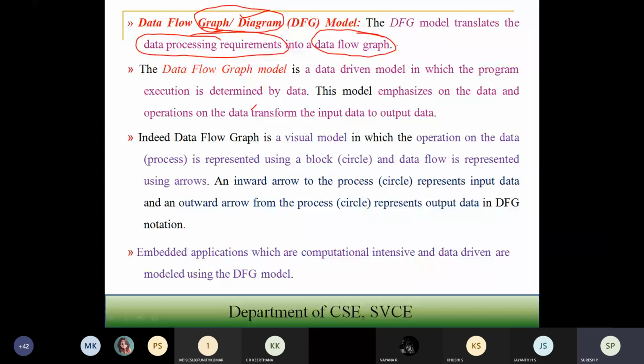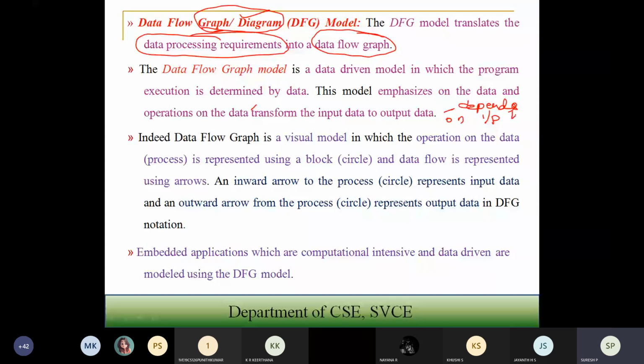This model mainly depends upon the operation and the data transfer, on the type of input data you have, and on how the transformation takes place from input data to output data.